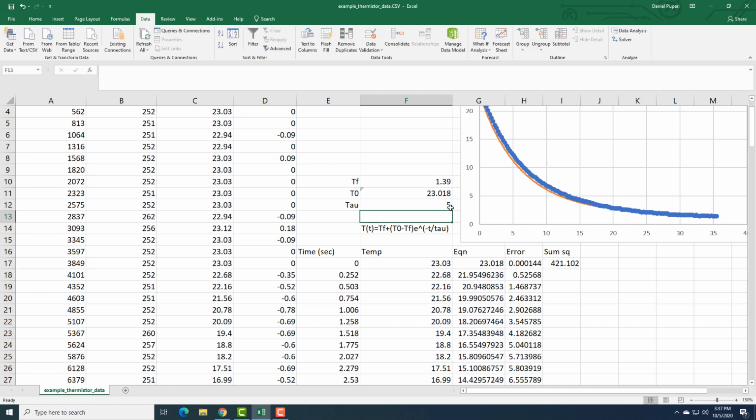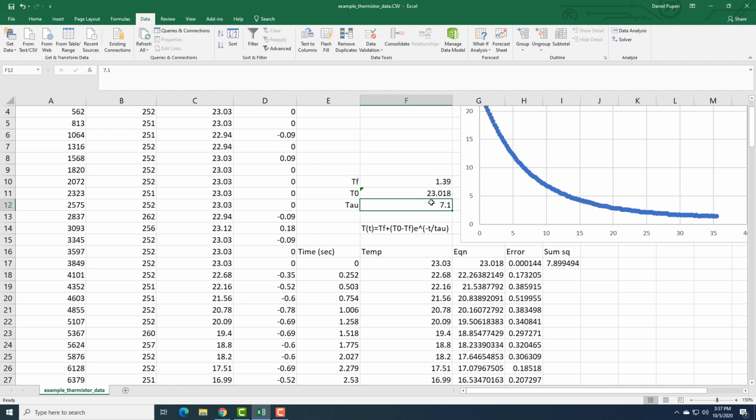I can type in 5, and it's even worse. But as I get closer to 6, 7, 8, you can start to see that sum of squares gets smaller and smaller. So it looks like we're down around 7 as about the right value. I could even try to do it myself. Ooh, that gets even smaller.